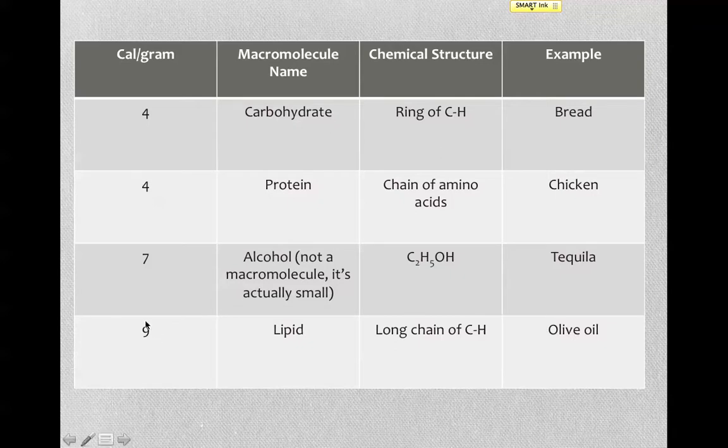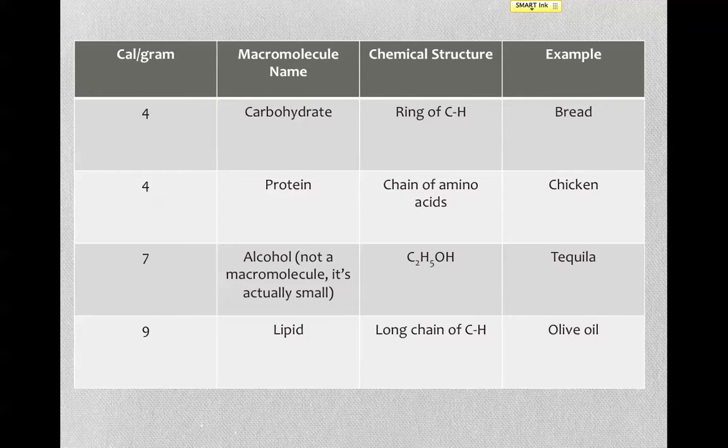And then the big one of all, 9. 9 calories per gram for lipids. And remember, lipids are long chains of carbon and hydrogen. An example of that is olive oil. I want to point out a difference structurally between lipids and carbohydrates. Remember, a carbohydrate is a ring and a lipid is a long chain. What's great about lipids is that they are very dense.